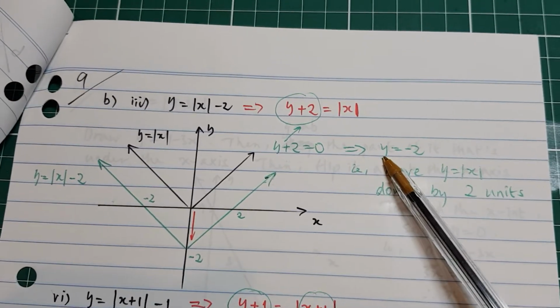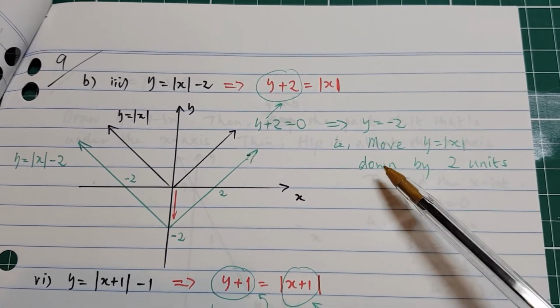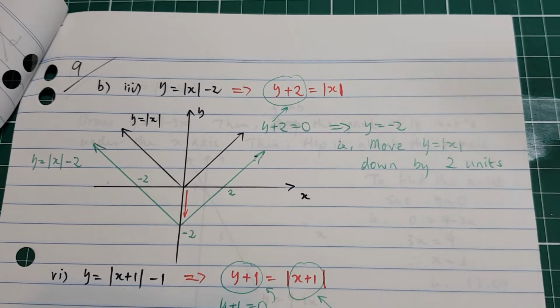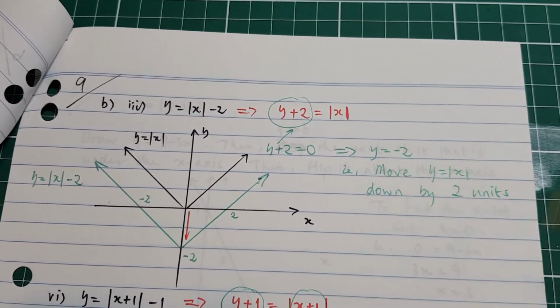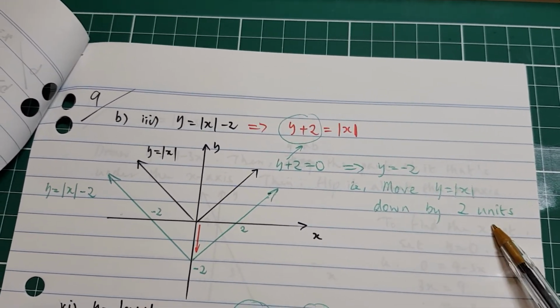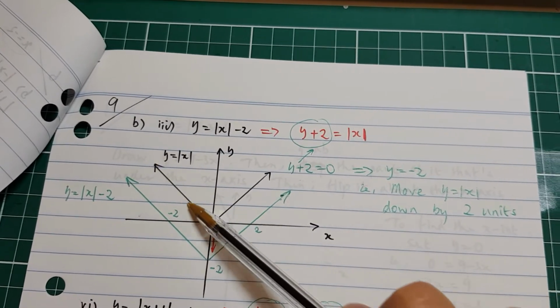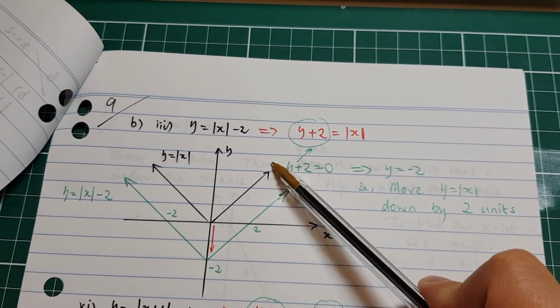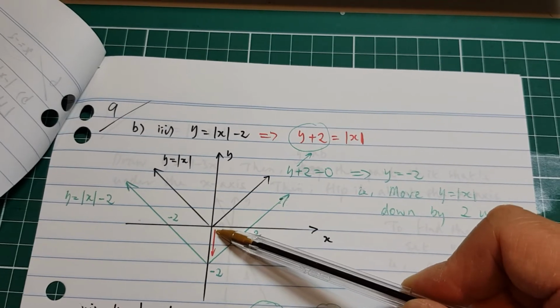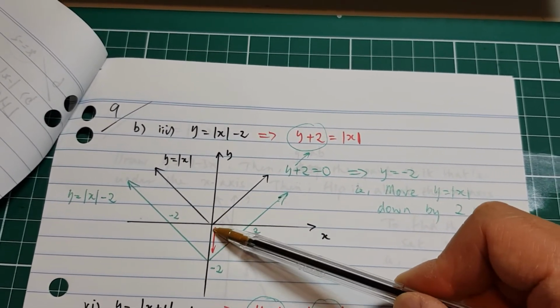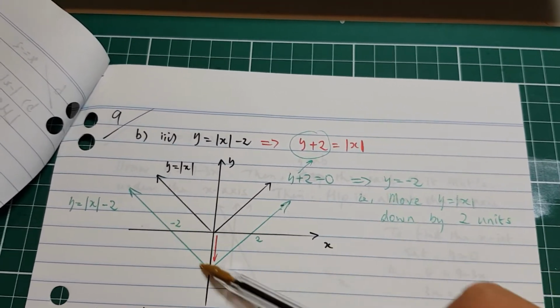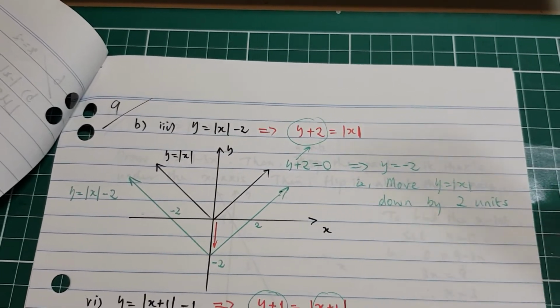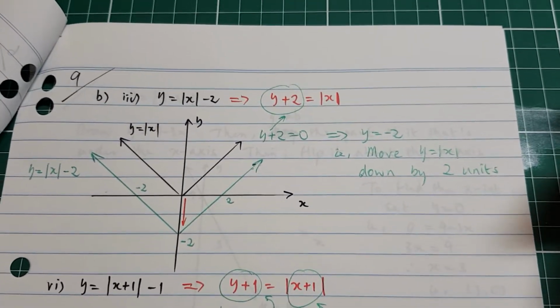Hence it's y, so it's the movement along the y-axis. And it's negative, so it's down by 2 units. So that's the original y equals absolute x curve, and you drag this curve by 2 units down. Then you get this, which is y equals absolute x minus 2.